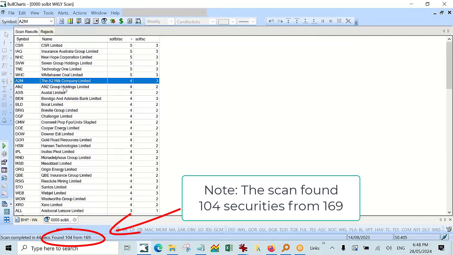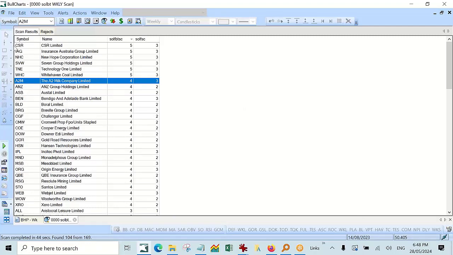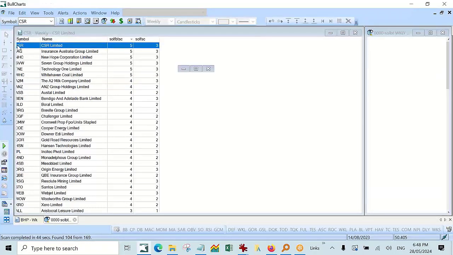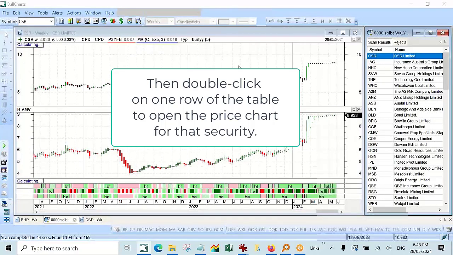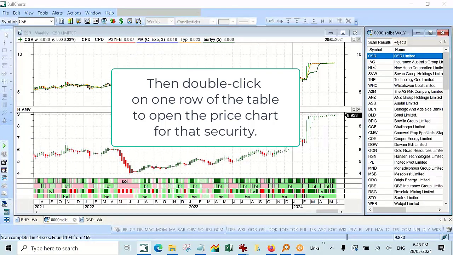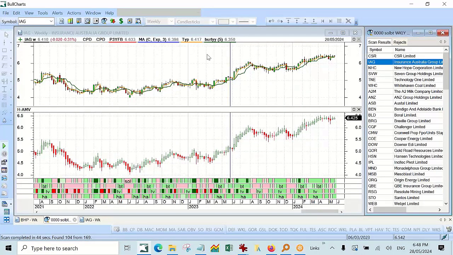So this is this week's rolling week. Oh, we'll try that one. 5 points, IAG.